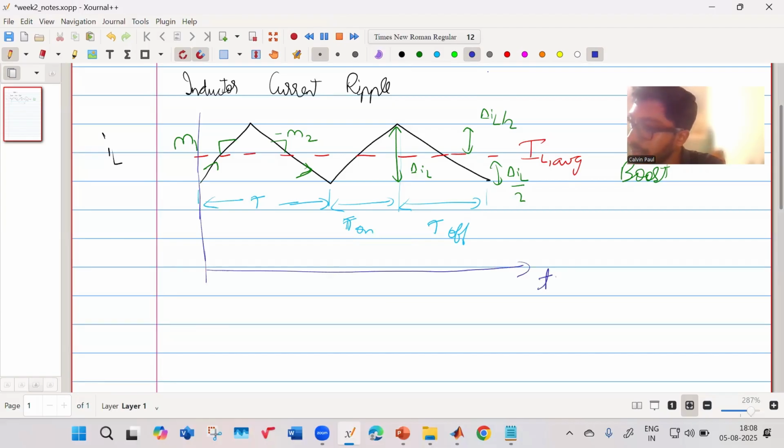So this is your time, this is your inductor current, this is your zero inductor current. This is your graph. Now, this is my valley point, this is my peak point.